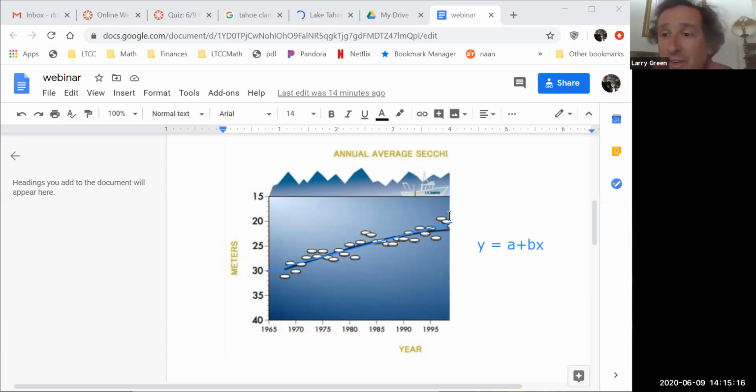You get a lot of dirt and stuff going into the lake from that runoff, and then that's going to cause lake clarity to go down. Okay, whereas if you have a drought year, lake clarity tends to go up. So it's going to be ups and downs. There's going to be different reasons for changes in lake clarity. But what we want to do is we want to say, well, is year correlated to lake clarity? That does not mean it's the only thing that is related to it. Just means it's one of them. Does that make sense?